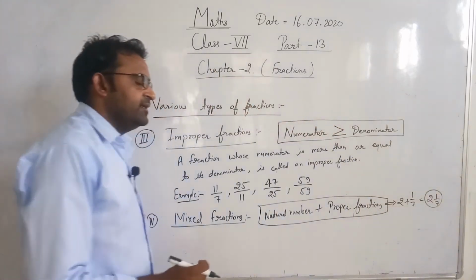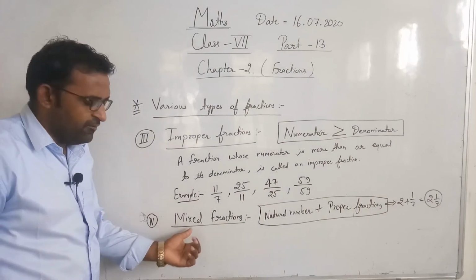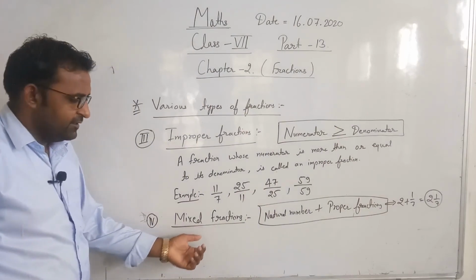So 2 1 upon 7 is an example of a mixed fraction.